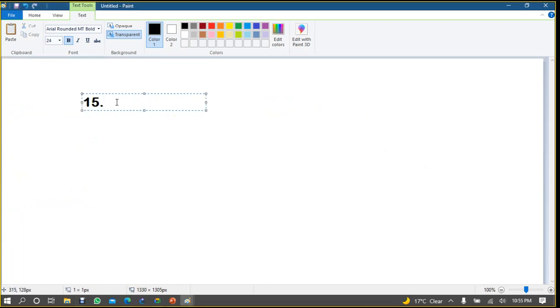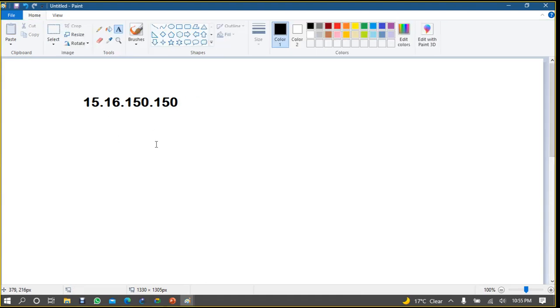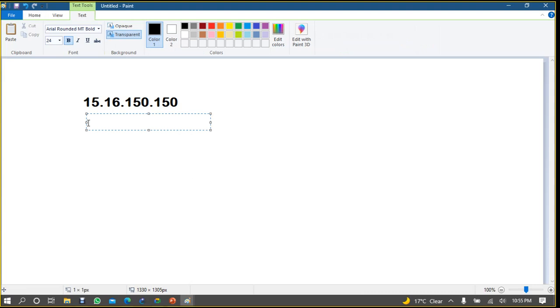See what I'm saying. If I'm writing some IP address, 15.16.150.150, this is an IP address, right? This IP address belongs to class A, this we know, right? Class A. Very good.